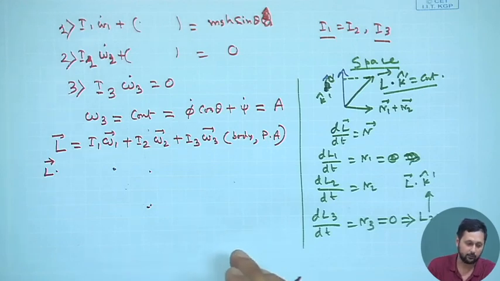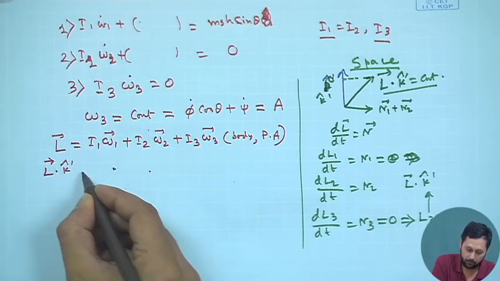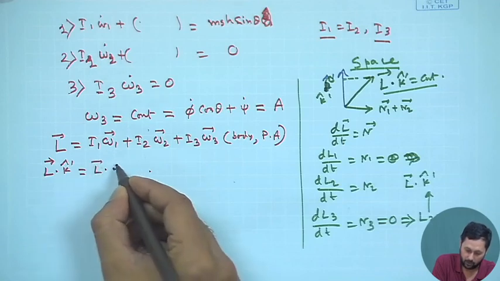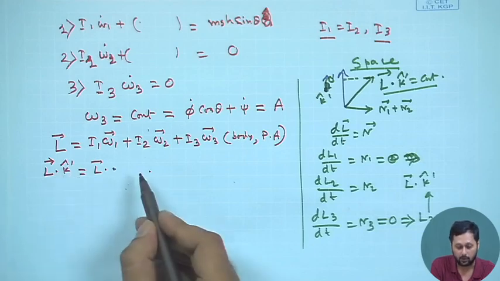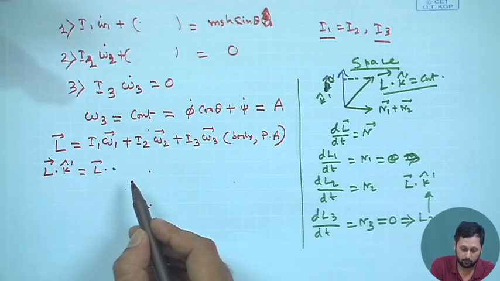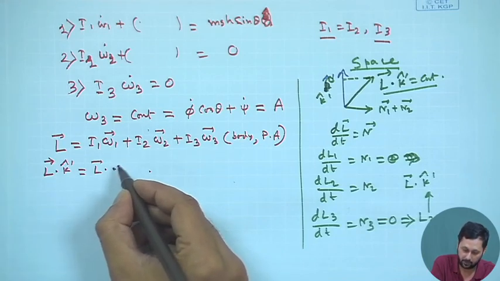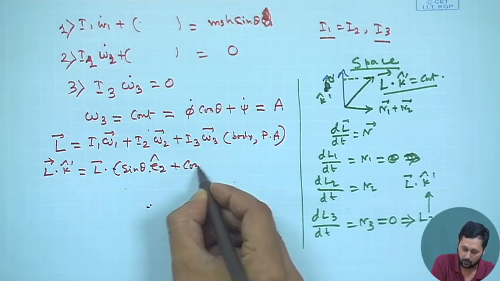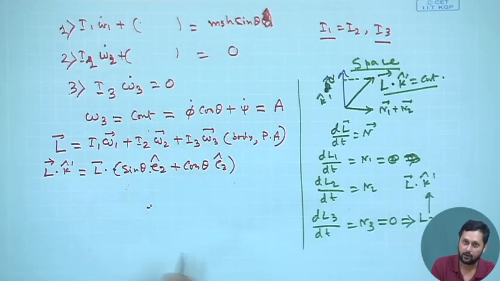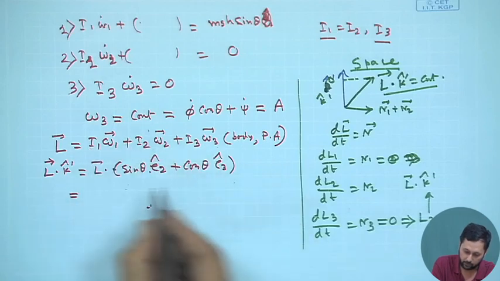It does not matter if we write the vector in this frame or that frame, this is something which we can use. So, L dot k prime is L dot, and if you recall, we have already decomposed this into E1, E2, E3, the k prime we can write in terms of E2 and E3. So, if we simply use this expression and write sin theta E2 plus cos theta E3, only these two components will survive, the first component will not contribute.